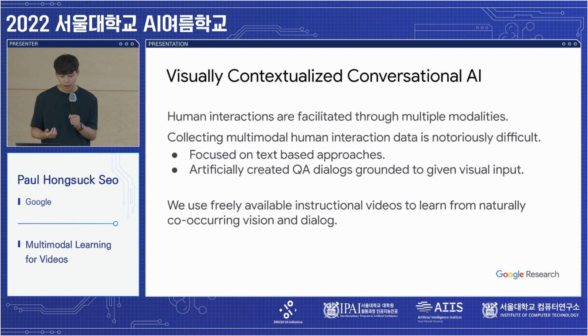But because of this special technique, it was still not very easy to collect in large scale. There was also some research related to vision. They collected images and then asked people to ask questions specific to this image or video.